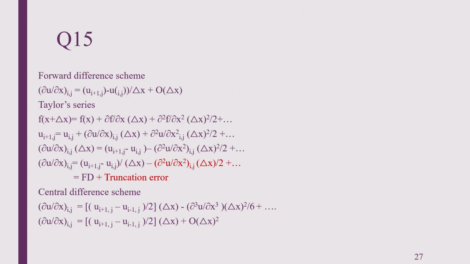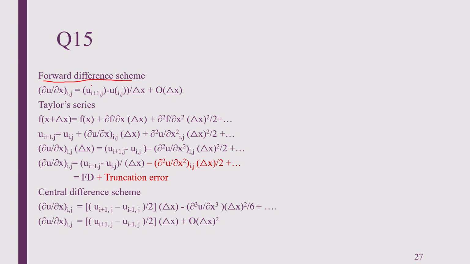For that we will see this in the question, where it is given the forward difference scheme. For example, we will take the forward difference scheme, and how we denote dou u by dou x at i comma j.